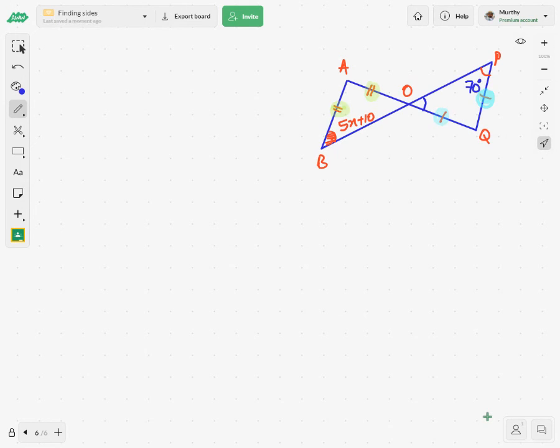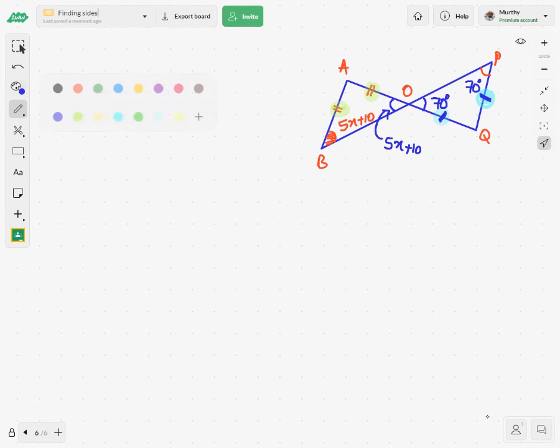Therefore, the value of angle POQ must be 70 degrees, because if two sides are equal, then two angles are equal. Please look at the symbols. These symbols are indicating that these sides are equal. In the same way, here this one should be 5x plus 10 degrees because base angles are equal.